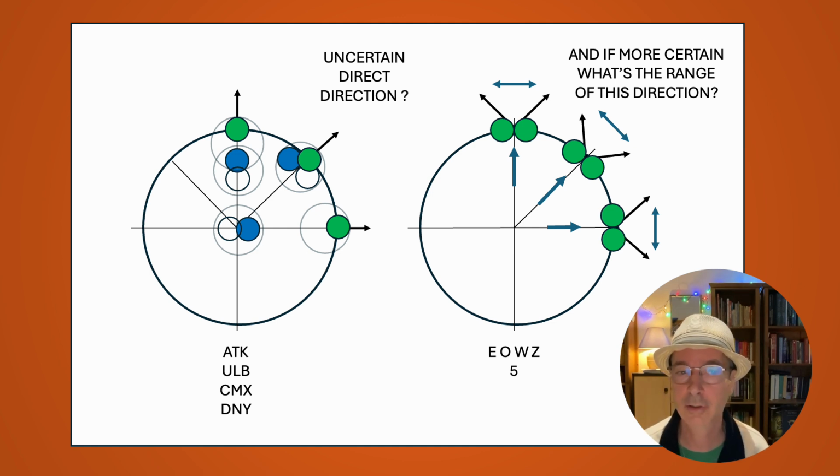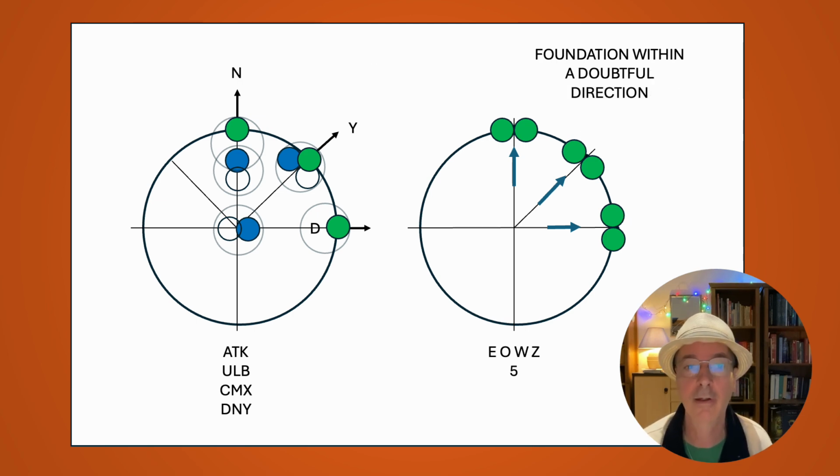But if they are not so clear, then we have an uncertainty there. So how can we solve this uncertainty? And if it is a bit more certain, what is the range of this direction? There is a solution for this uncertainty of a choice of a reference point, which I will explain next.